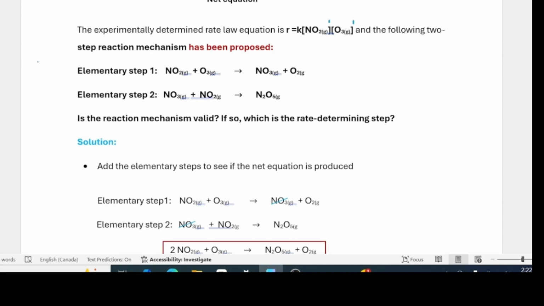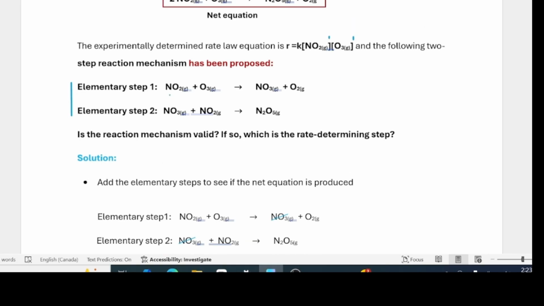And the proposed reaction mechanism consists of these two elementary steps. One indicates that a nitrogen dioxide molecule reacts with ozone to give you nitrate and an oxygen molecule, and then nitrate reacts with nitrogen dioxide to give you dinitrogen pentoxide in the other step. Is this mechanism valid? If so, what is the rate determining step?